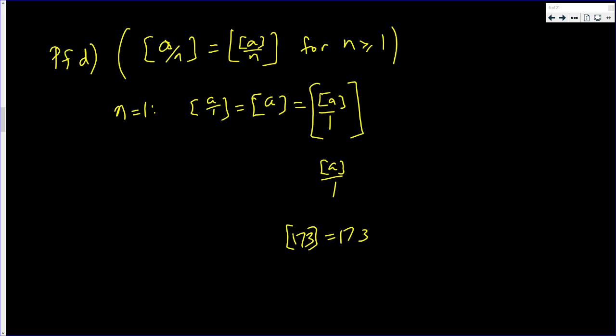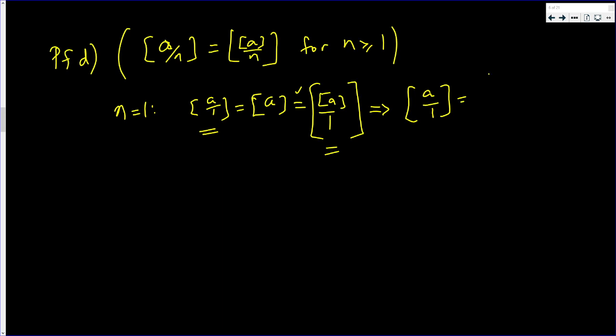And the equality holds. So, what I have is combining or getting rid of the middle step. I have that this equals that. This implies that the greatest integer of a over 1 is the greatest integer of the greatest integer of a over n, which is 1.